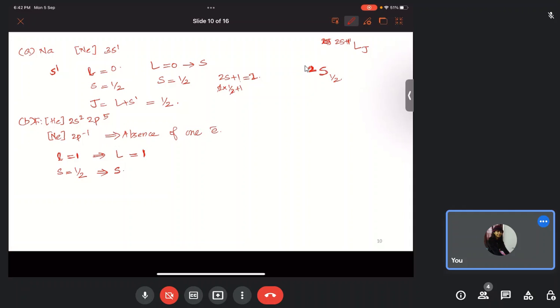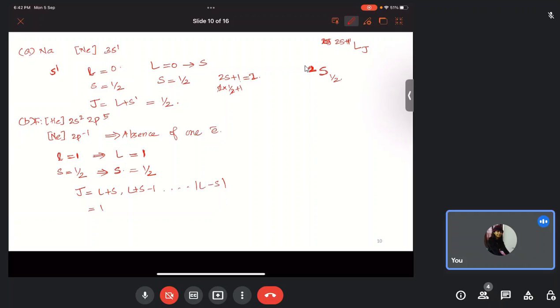The total spin angular momentum is also going to be 1/2. The possible J values are L plus S, L plus S minus 1, till L minus S.